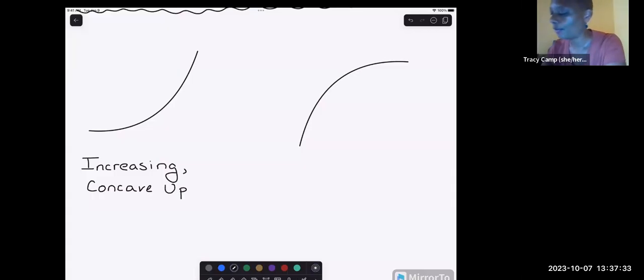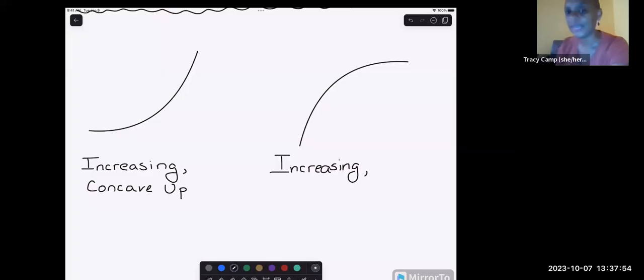And then the curve on the right, notice the curve on the right is also increasing. But even though it's also increasing, it starts off pretty steep, and then it becomes less steep.